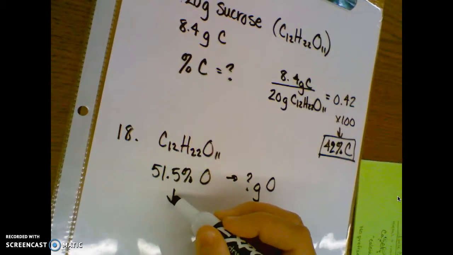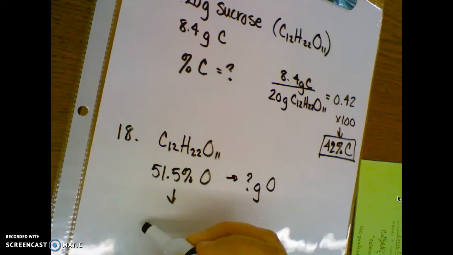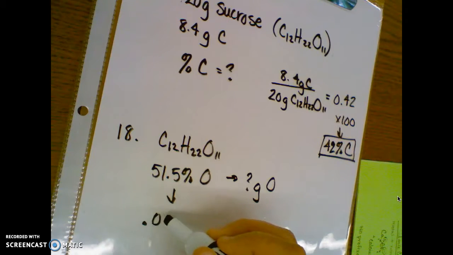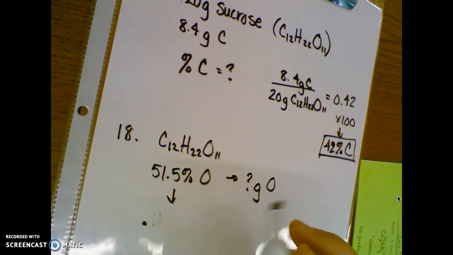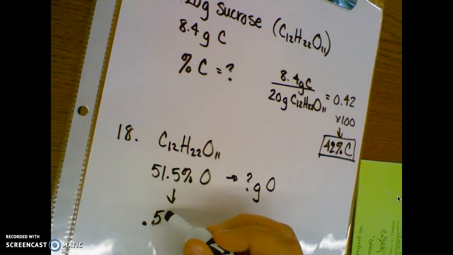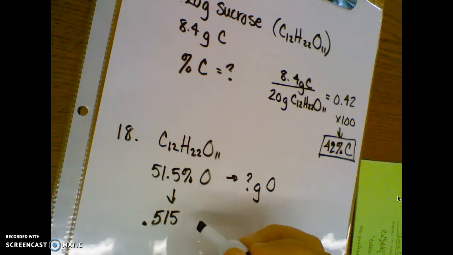And our sample amount, so what we're going to do is that we're actually going to change that into a decimal, not a percentage, so it would be 0.515, and we're going to multiply it by the total sample mass.